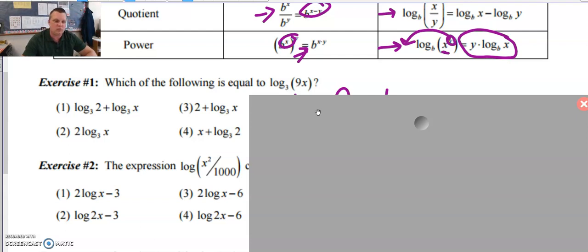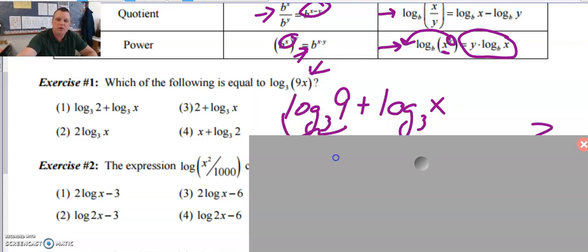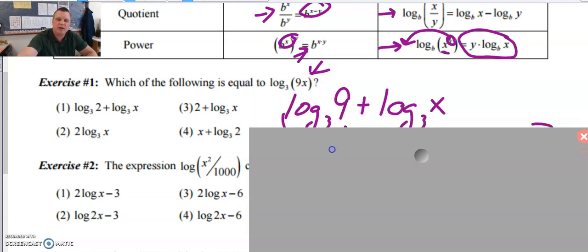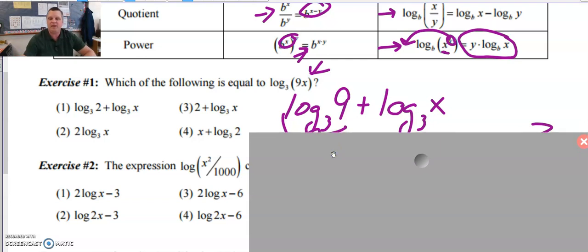But the logic, where the answers come from, is that since this is a multiplication problem, we break it down by addition: log base 3 of 9 plus log base 3 of x. I took the liberty of already writing these notes out, so if I go too fast, you might have to pause the video a little bit, because I'm running out of time today.